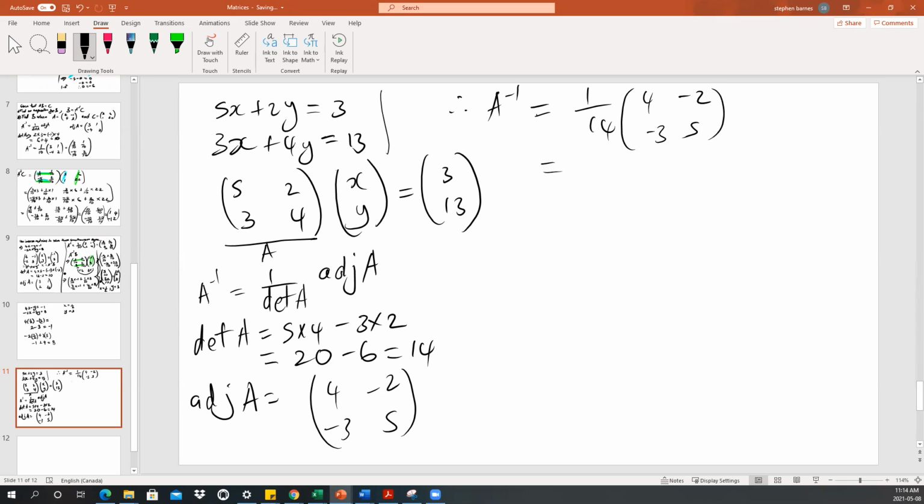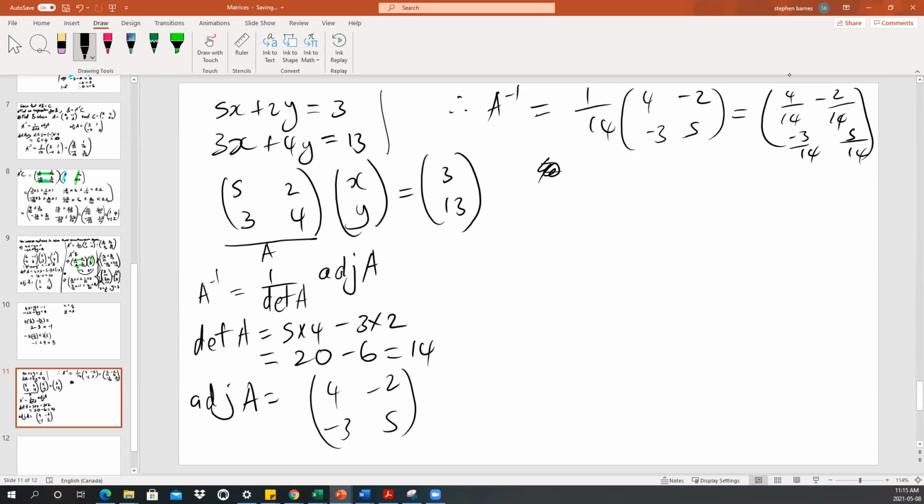Of course, let's multiply it out. All right, let me save some space. So this is 4 over 14, minus 2 over 14, minus 3 over 14, 5 over 14. Lovely.